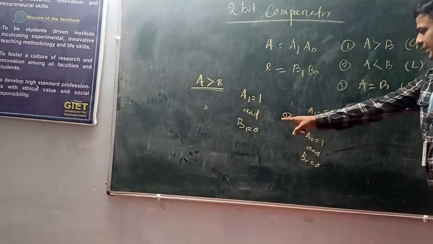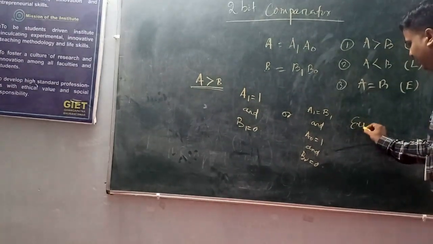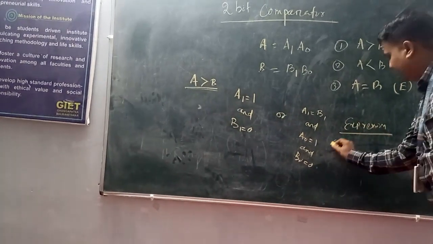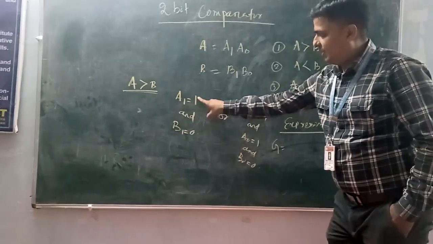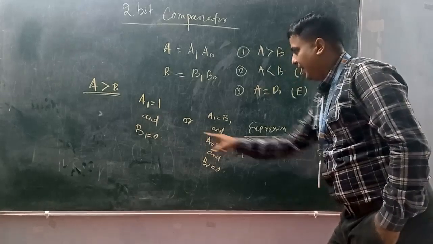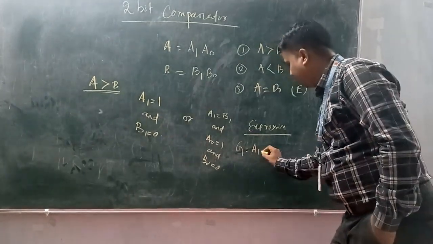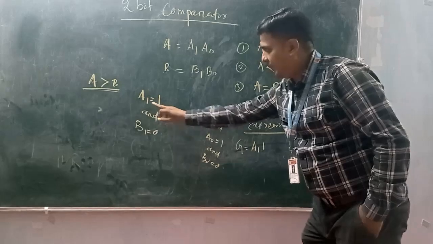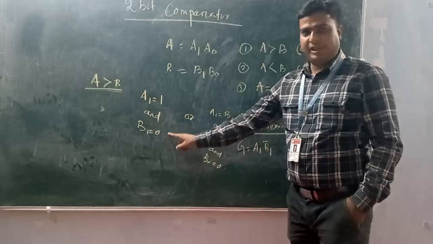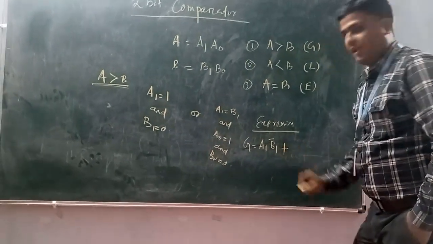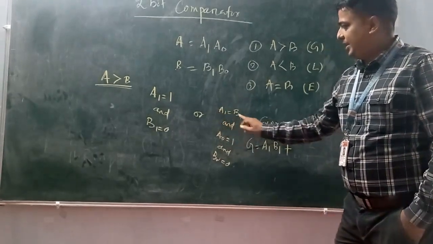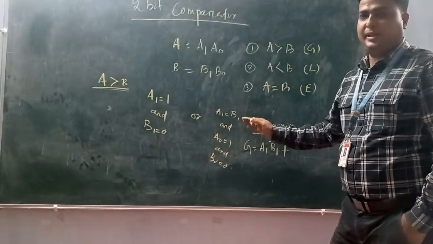Now for A greater than B, what will be the expression? The expression is denoted as G. First condition, A1 equals 1 and B1 equals 0. That means A1 AND, an AND gate, with B1 complement, since B1 is 0. An OR gate means there will be a plus symbol. A1 equals B1: in the truth table, when the 2 bits are equal, which gate satisfies this condition?